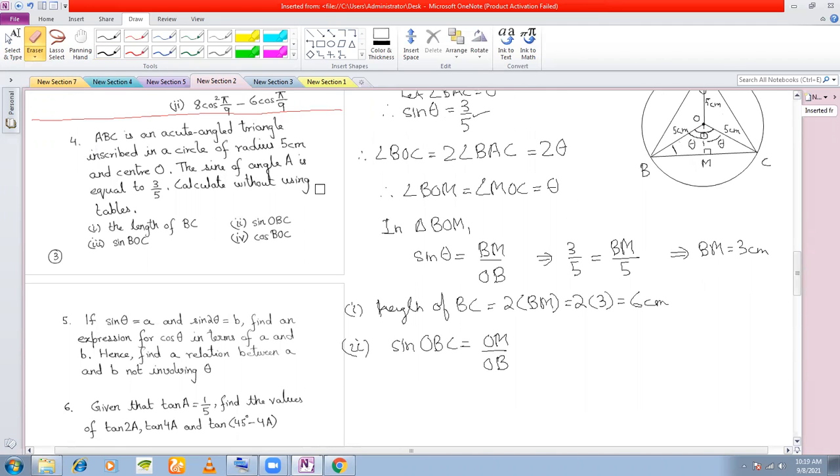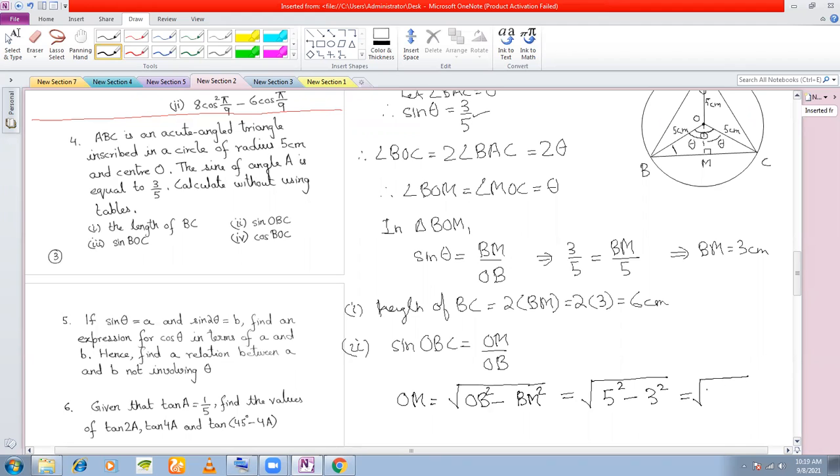You can use Pythagoras theorem to find out the length of OM. So OM is equal to root over of OB square, hypotenuse square, minus BM square, which is your base square. Root over of 5 square minus BM, which is 3 centimeter as we found above.